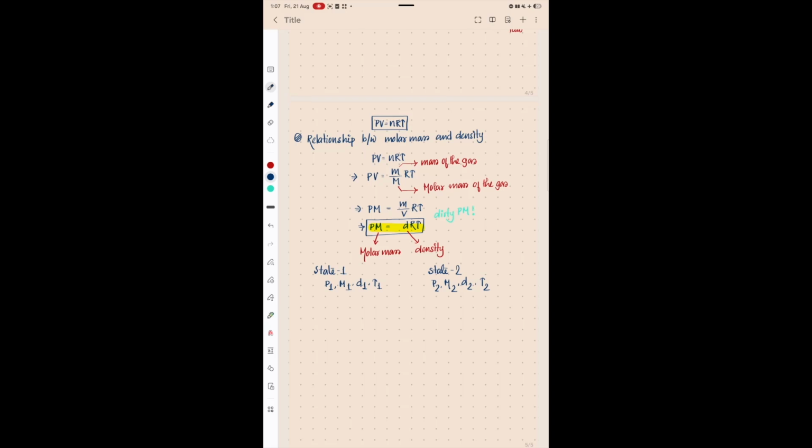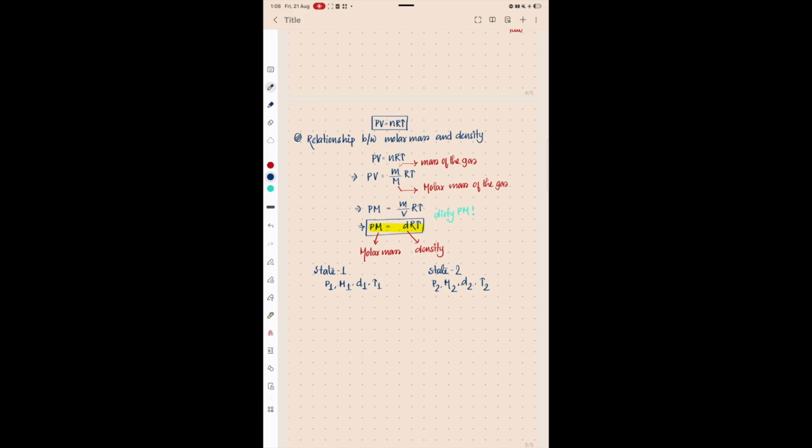Now you must be thinking that I have told you the states are defined by P, V, T, n. Now here again I am defining them by molar mass and density. How can I do that? Actually, we can interchange the variables also. We can derive other state variables from other things, like density.